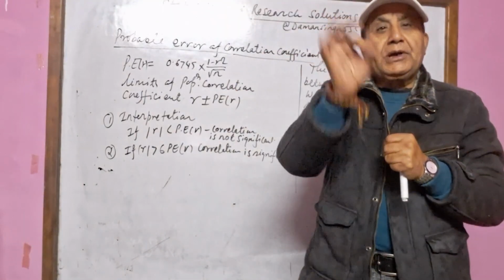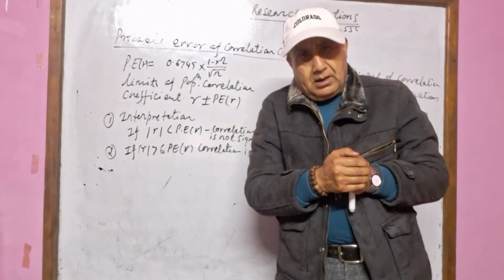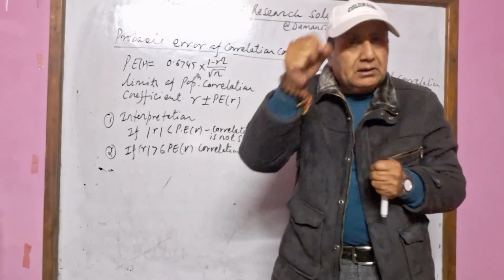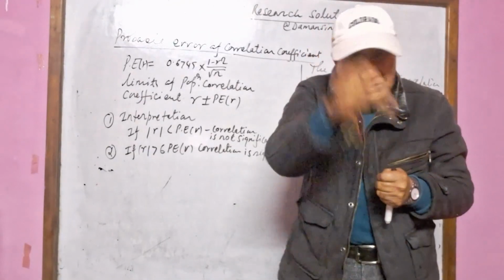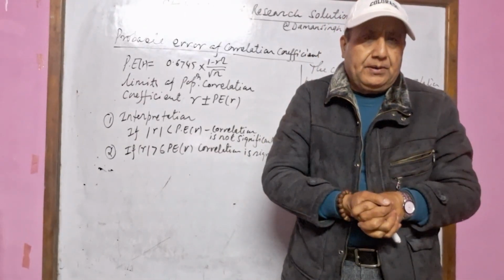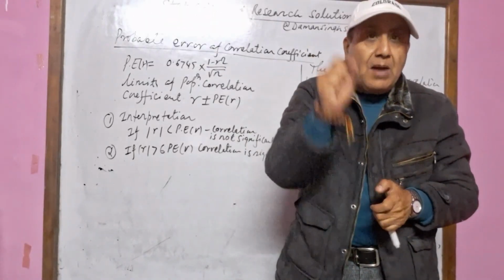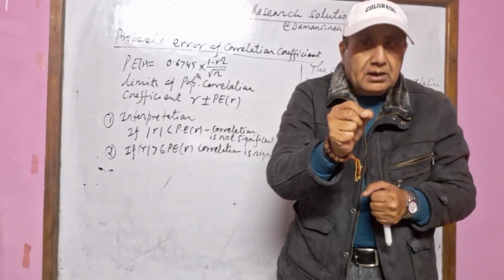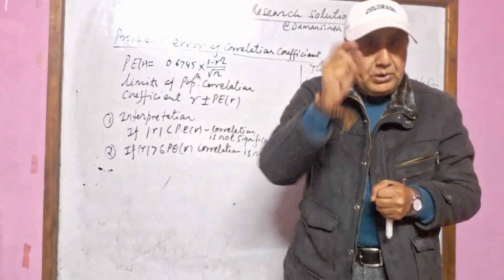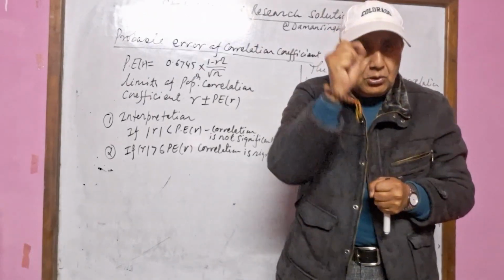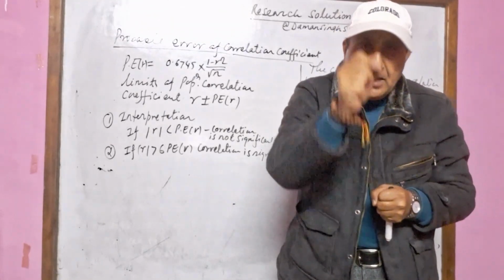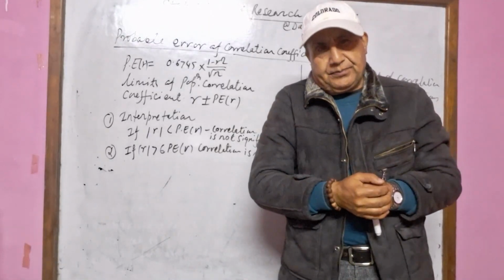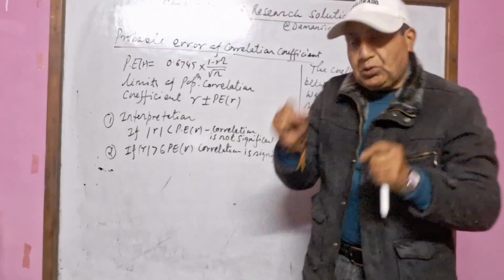And whatever value we observe, whether that value is reliable or consistent or not. To test the reliability of the observed coefficient of correlation, we apply probable error, and it is abbreviated as PE. PE means probable error.